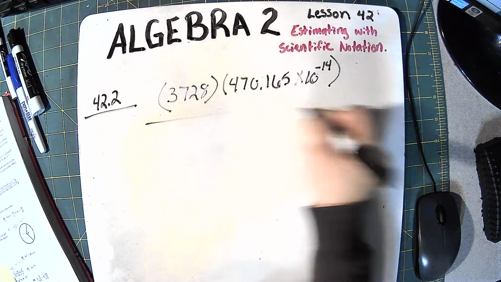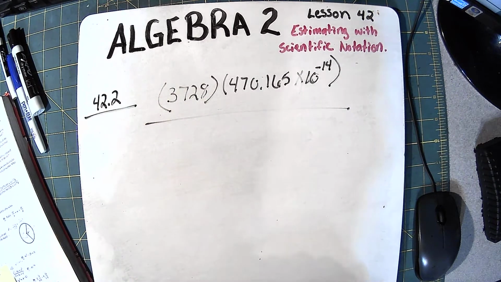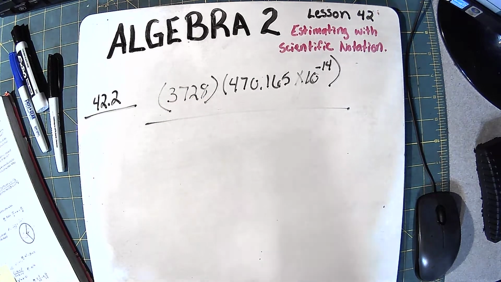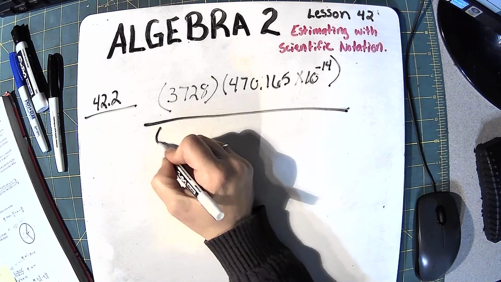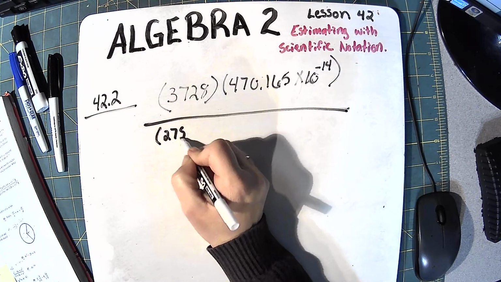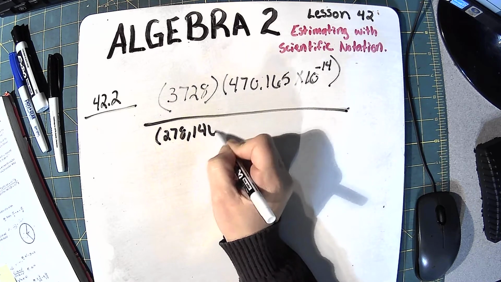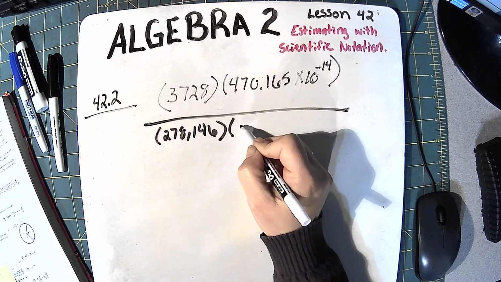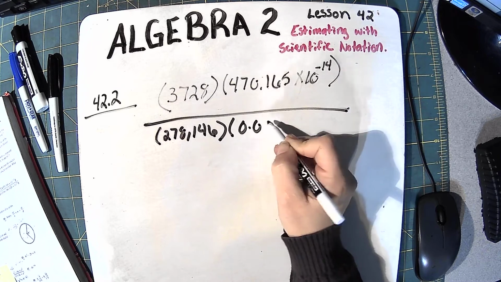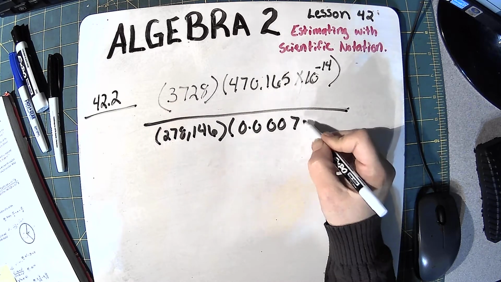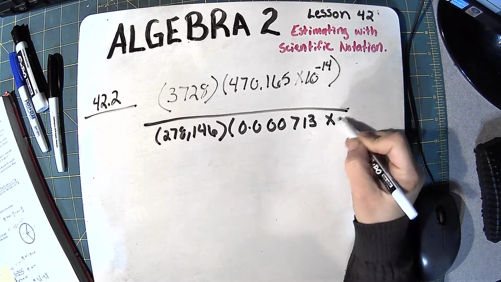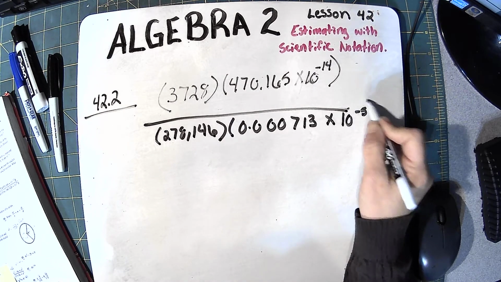And all that's being divided by 278,146 times 0.0000713 times 10 to the negative 5th. Whew.